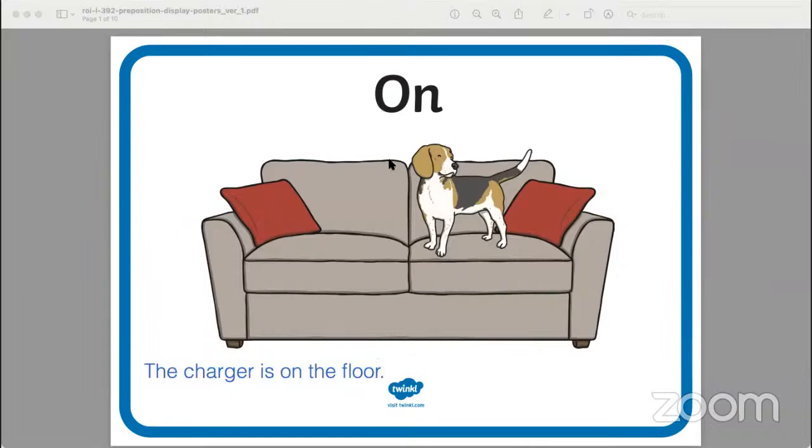Let me see some in the comments. So the pillow is on the bed. Good. So we've got one. The flower was on the table. On the desk. Okay, good. Well done. Tillery.